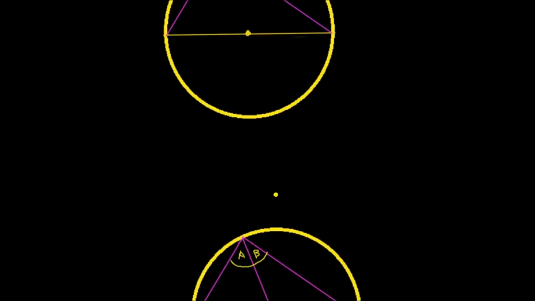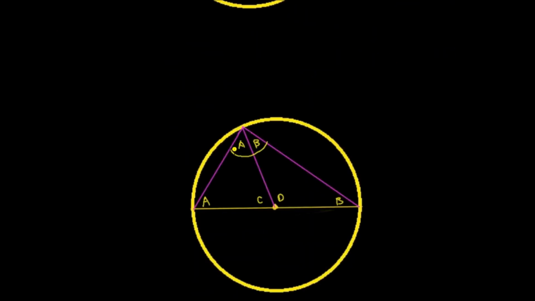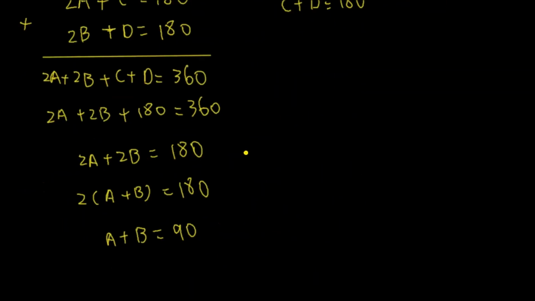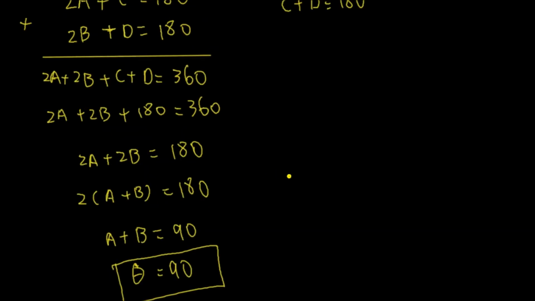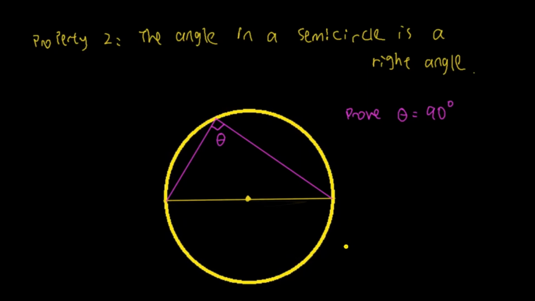And from the original diagram, A plus B is angle theta. So that means we can say that A plus B is equal to theta. So that means theta is equal to 90 degrees. Okay, so here's the proof. Now, we just proved that angle theta here is 90 degrees.